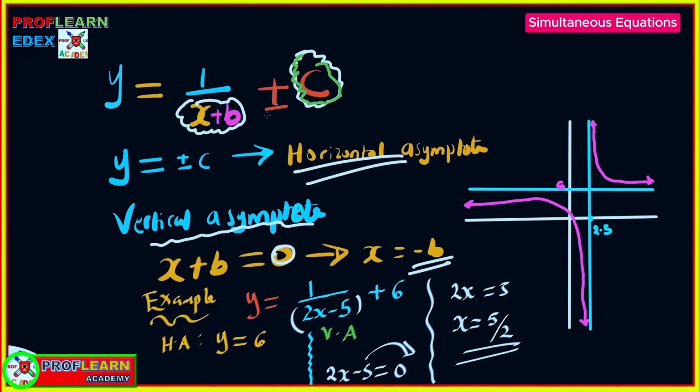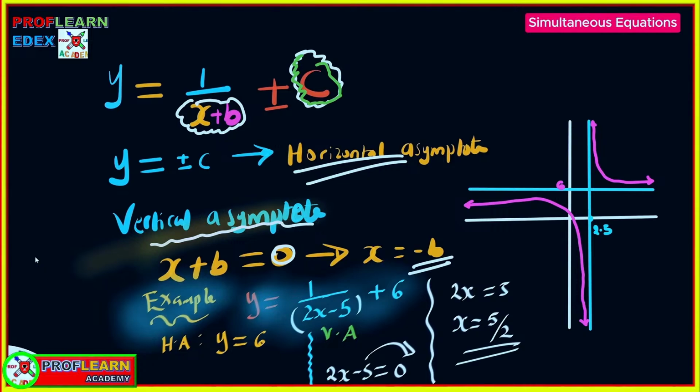In that case, if you look at the equation that you have for this example, the horizontal asymptote is going to be y equals 6.